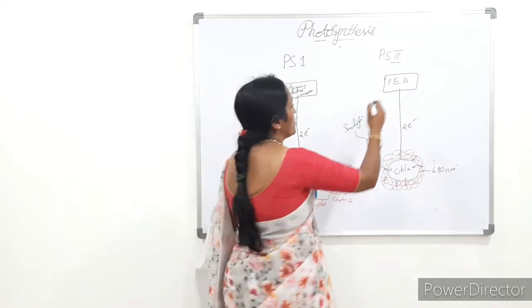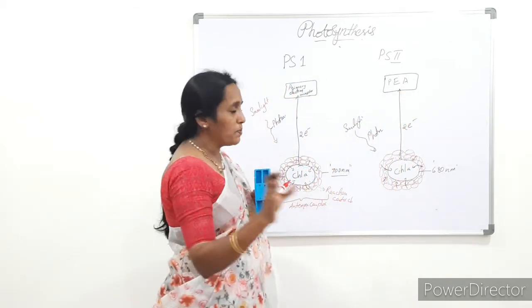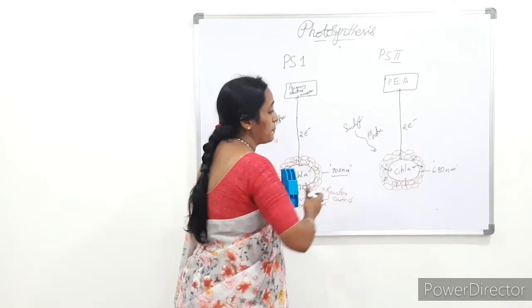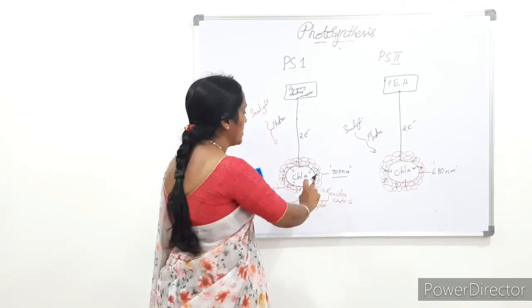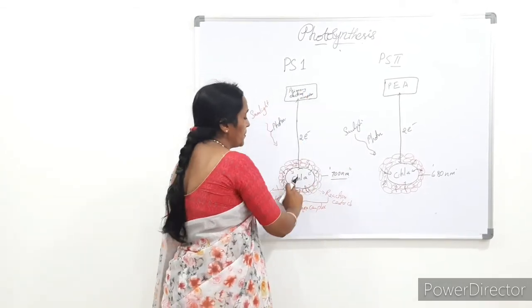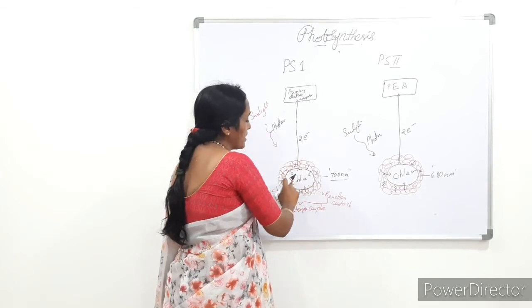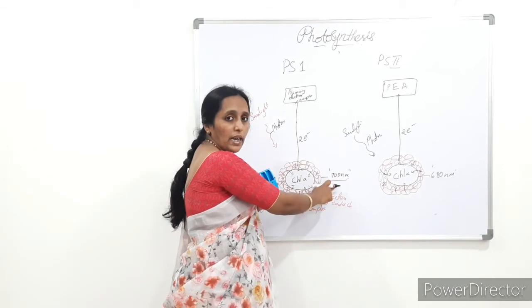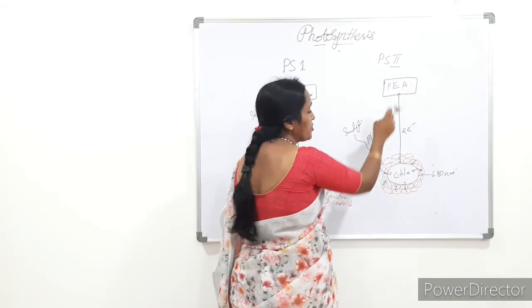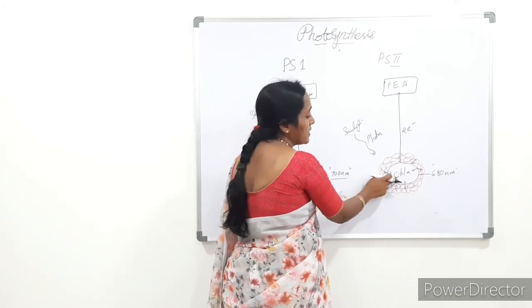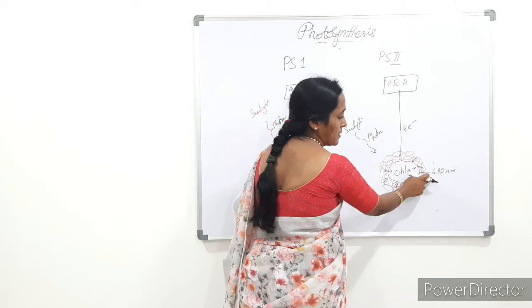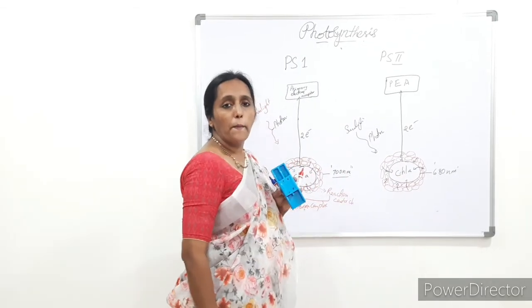Whatever these two systems may be, you find the same structures, but the main difference is that in PS1 the photons absorbed by the chlorophyll are at 700 nanometers, and in PS2 the photons received by the chlorophyll A are at 680 nanometers.